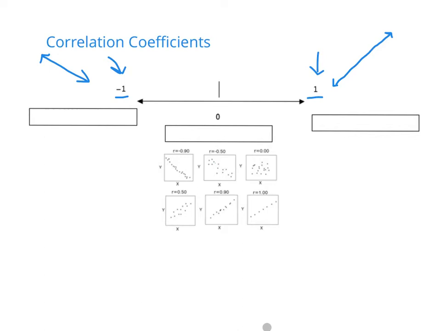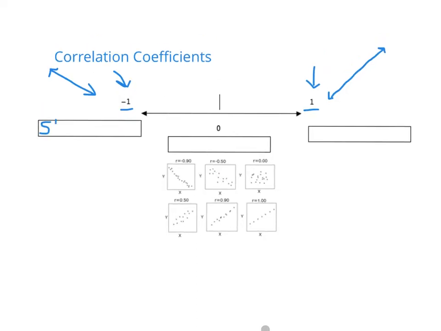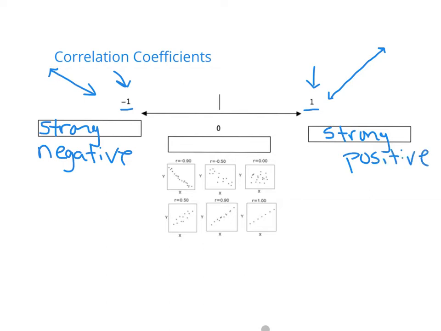So the closer you are to -1, that would represent a strong negative correlation. The word negative is not bad, it just means decreasing. And the closer you are to the number 1, that would be a strong positive. And the closer you are to 0 would represent no correlation.